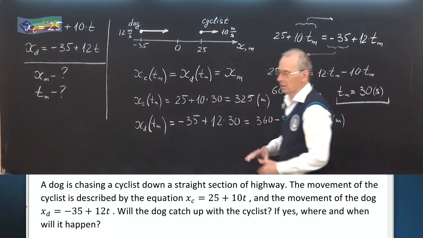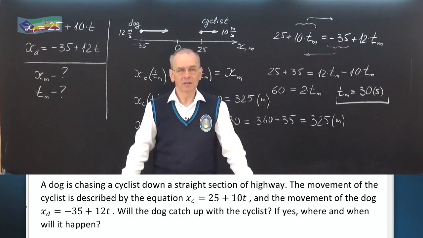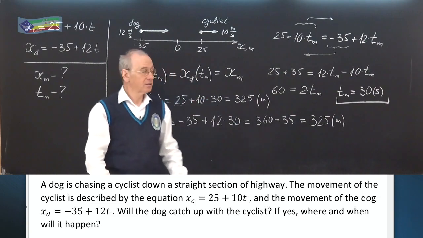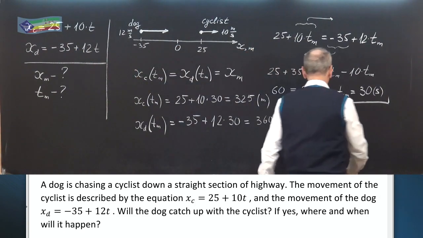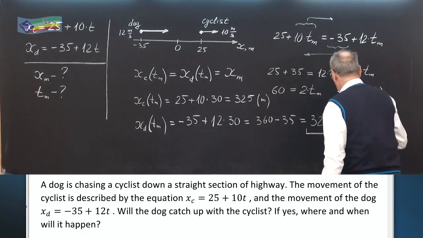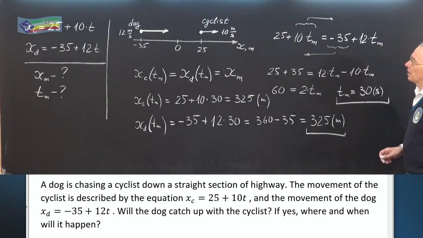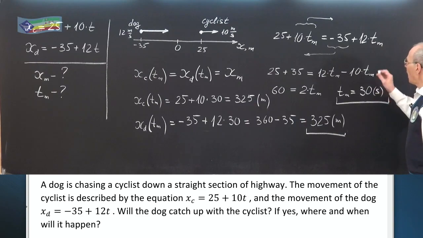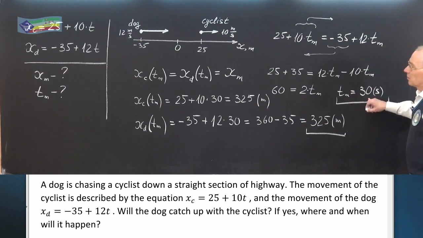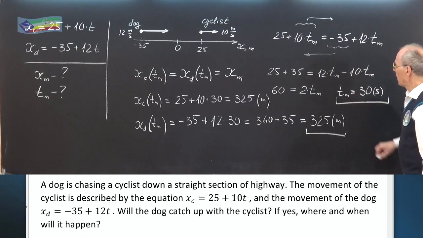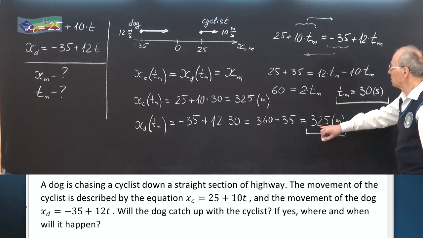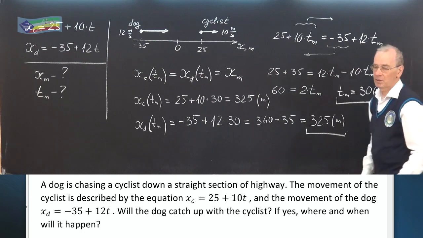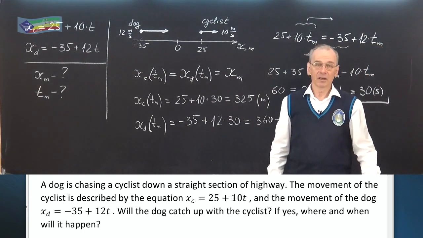So we can conclude that our solution is correct, and the dog and the cyclist meet after 30 seconds of chase at the point with coordinate 325 meters. The problem is solved.